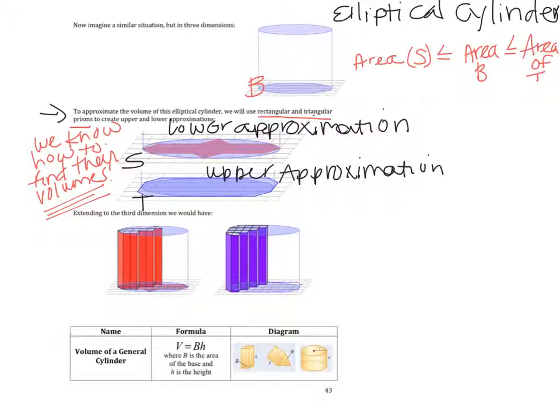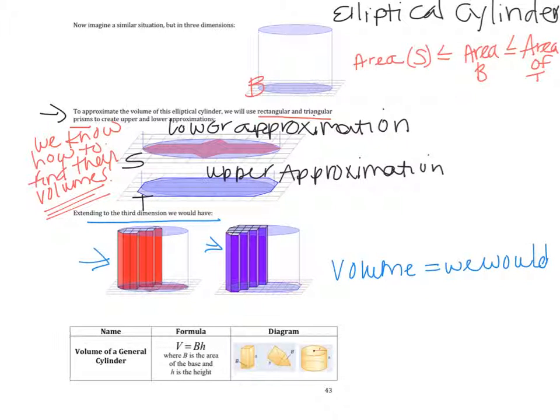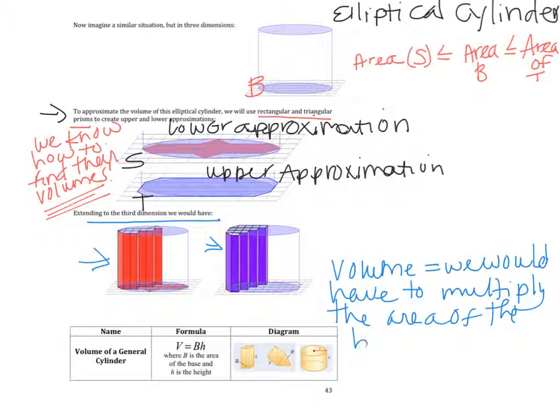So we have a nice inequality there. And extending to the third dimension, for volume we would have to multiply the area of the base by the height, which is pretty consistent with what we have been doing all along.